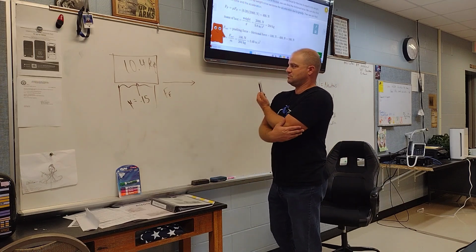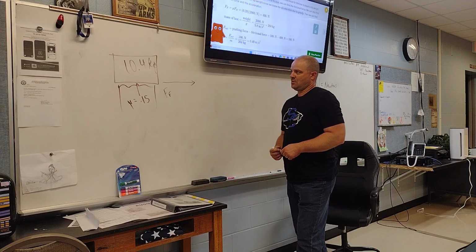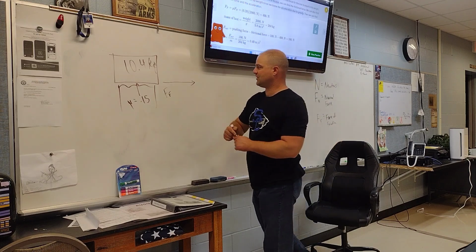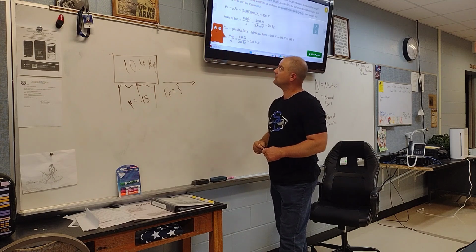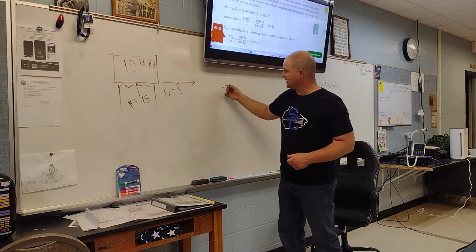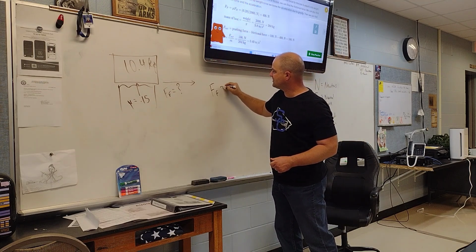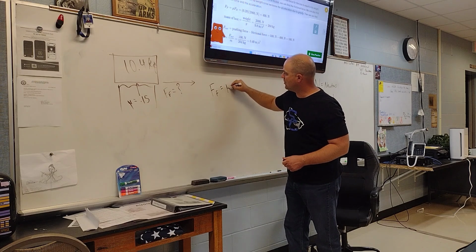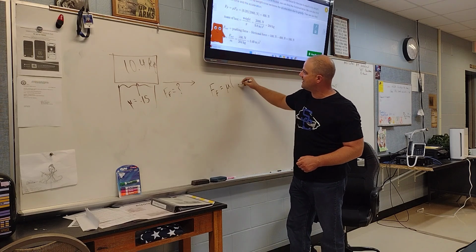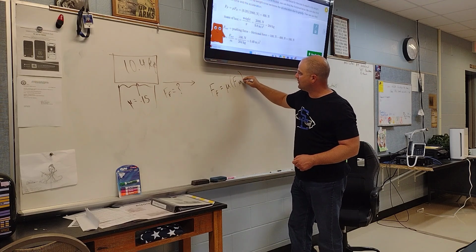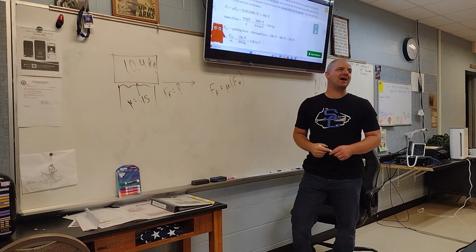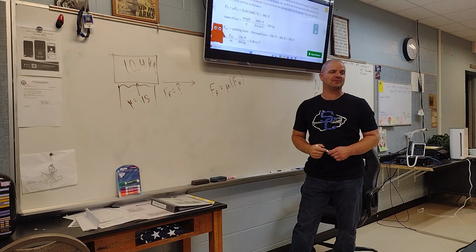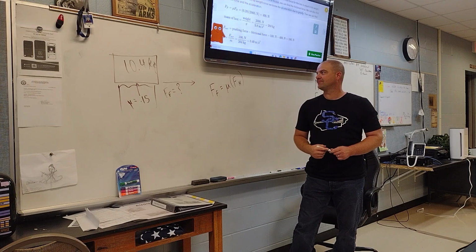So we're looking for the friction force again. So we'd be using that formula again. Friction force is equal to the coefficient of friction times the normal force, right? So what are we given? Do you have the weight? We do not have the weight. It's 10.4.